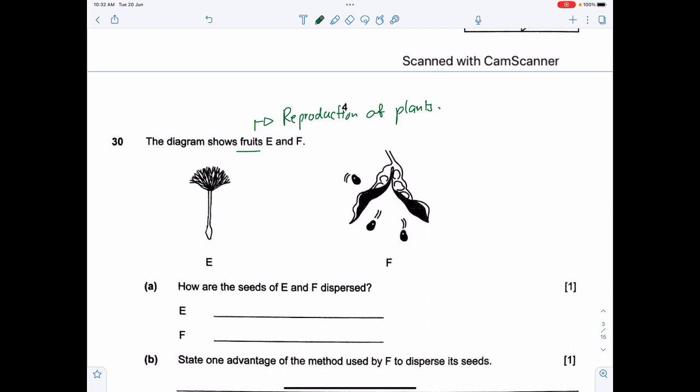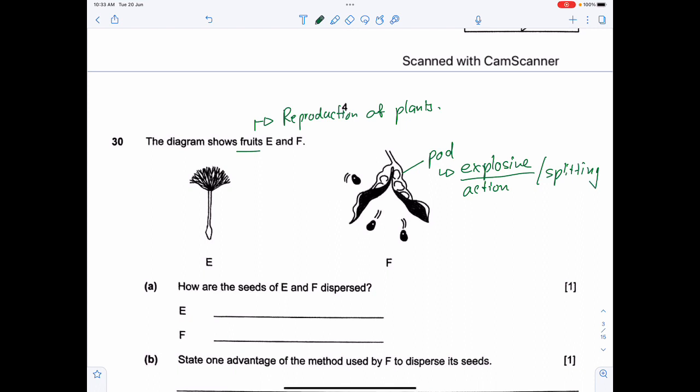Now, when you see a pod, this signals to you that it is by explosive action or splitting action. It's very important to note that it's explosive and not explosion. Some of you, in later questions, said that this was the explosion or exploding method. No. So we cannot use that term; use splitting to make sure you don't make that mistake.